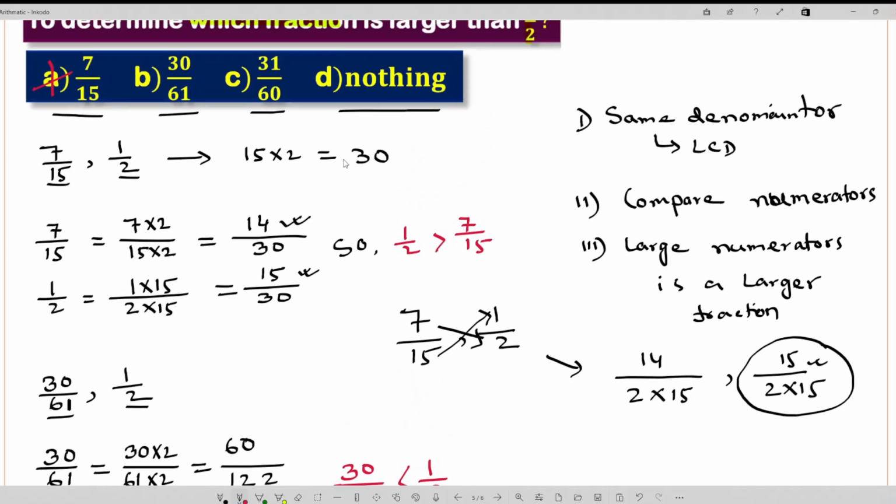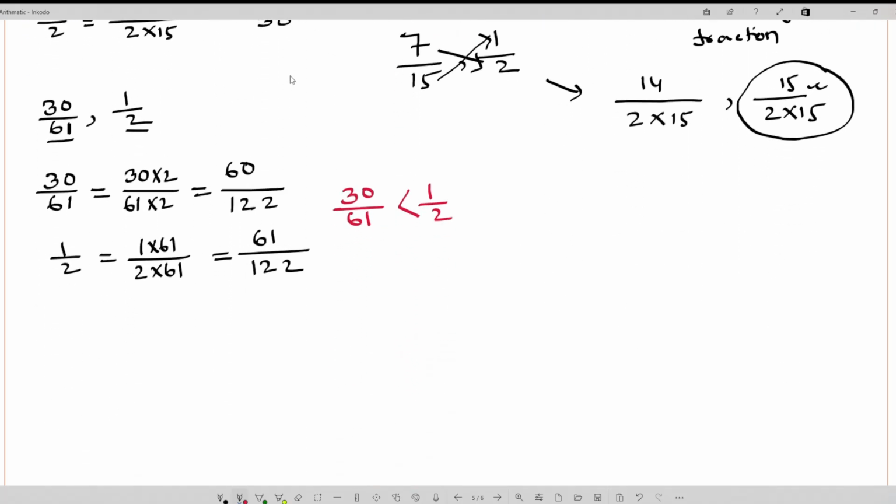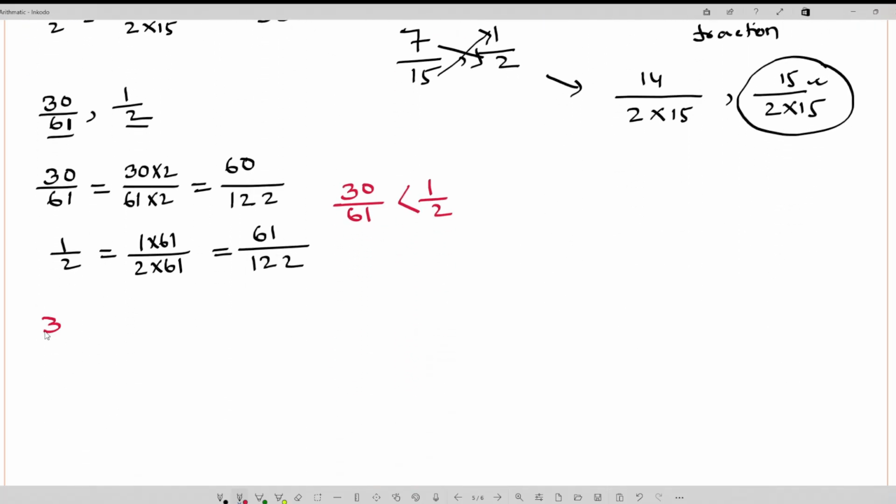Okay, next, 31 by 60 and here 1 by 2. So for 60 and 2, once we make the LCD, it will be 60.